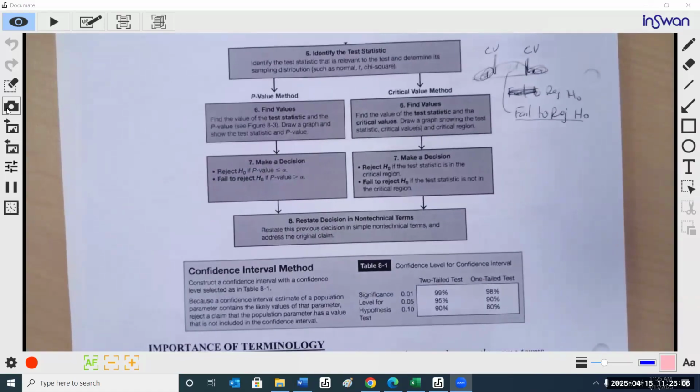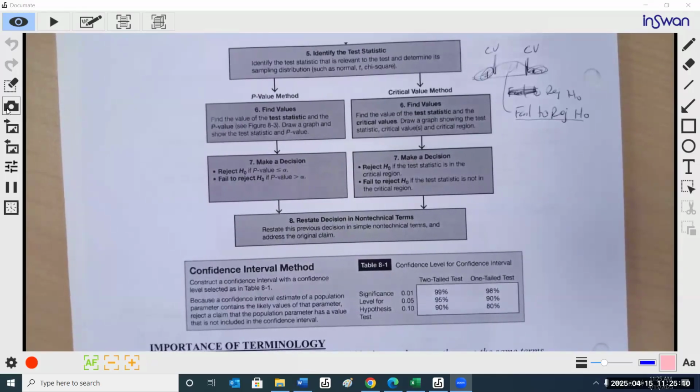Notice it doesn't say keep the null hypothesis. It simply says that we cannot reject the null hypothesis. Why? Because a null hypothesis would need further testing to see exactly what it entails.